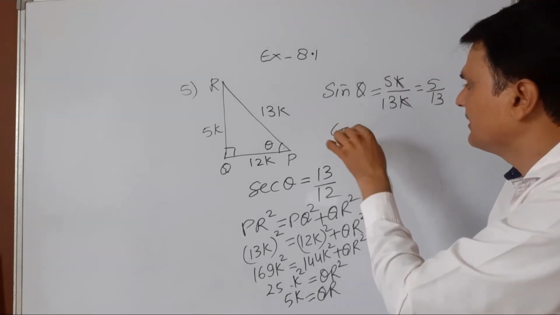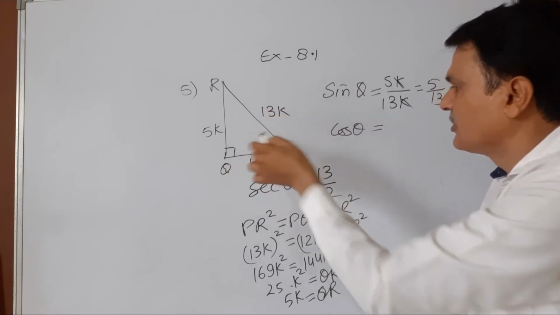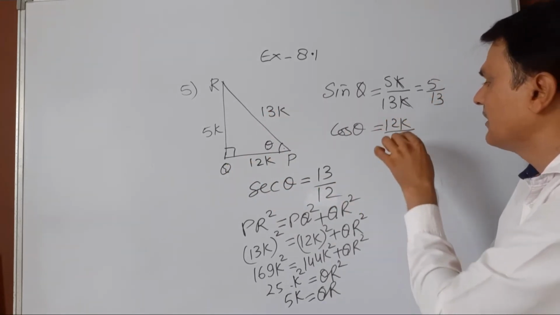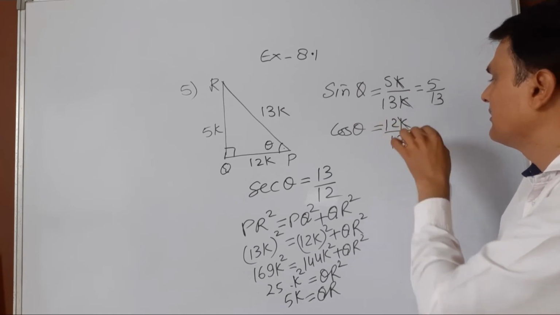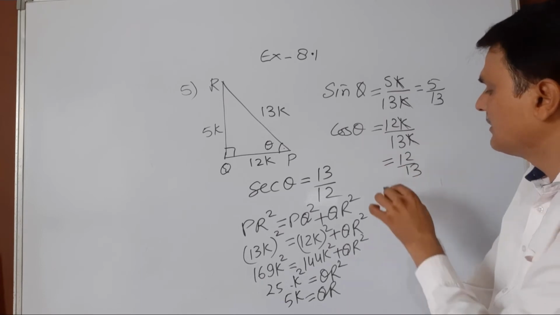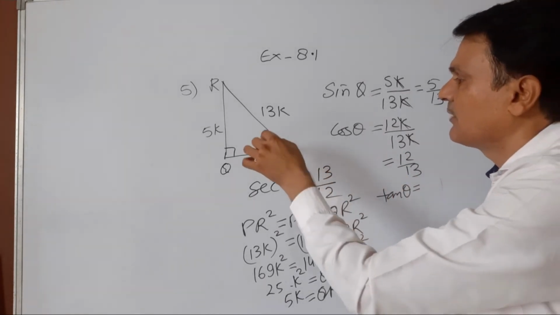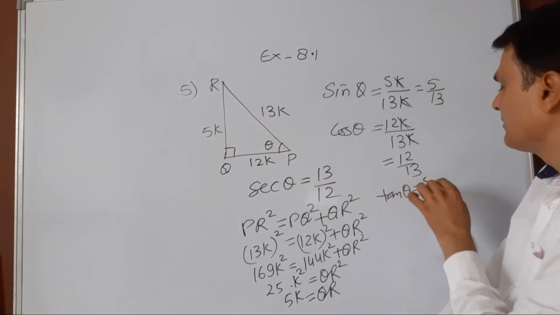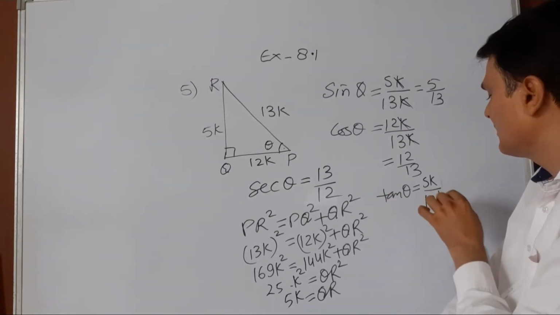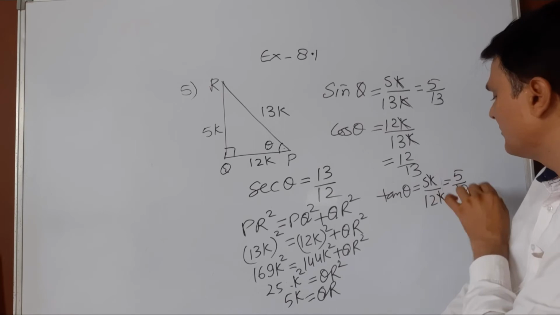And cos theta is base upon hypotenuse, that equals 12K upon 13K, and we cancel out, we get 12 upon 13. And tan theta equals the side opposite to angle theta, which is 5K, upon the side next to theta, which is 12K. K cancels out, we get 5 upon 12.